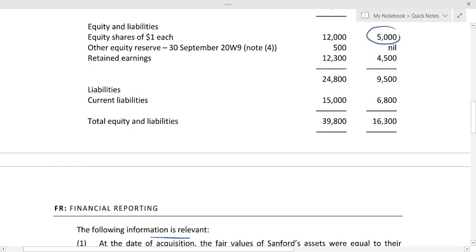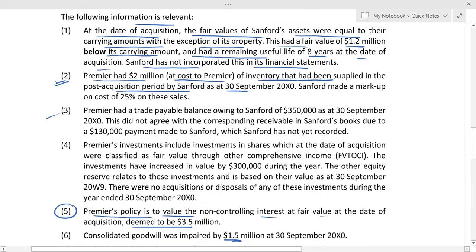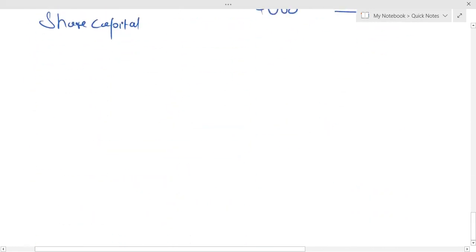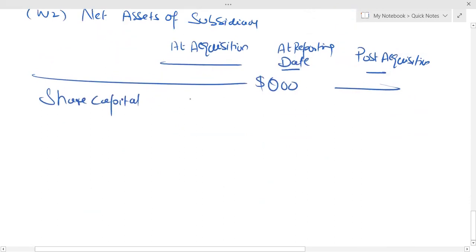So the subsidiary's share capital is 5,000 at acquisition and at reporting date. There's no share premium. The main thing is now we need retained earnings, at acquisition and at reporting date.